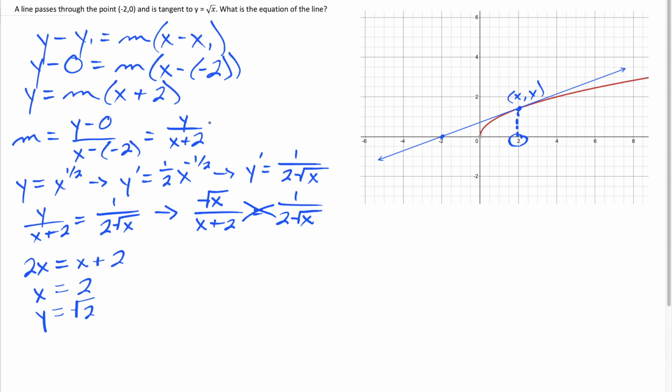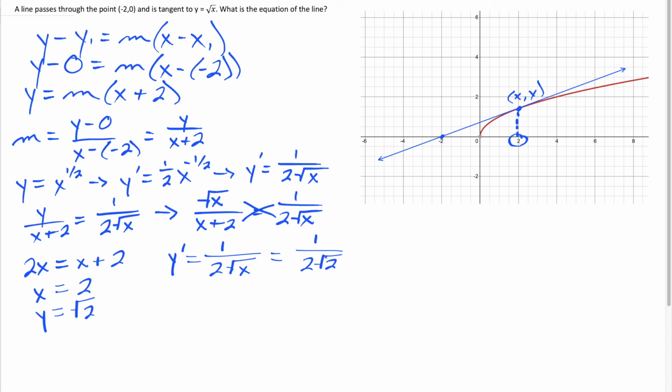Finally, we can use either this equation or our derivative equation to figure out what our slope is. It's not going to matter which. Either way you do it, you should get the same thing. So I'll go ahead and just do it the derivative way. So y prime is equal to 1 over 2 root x. And then substituting in 2, you get 1 over 2 root 2.